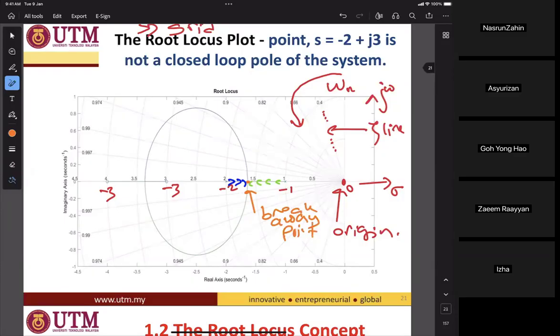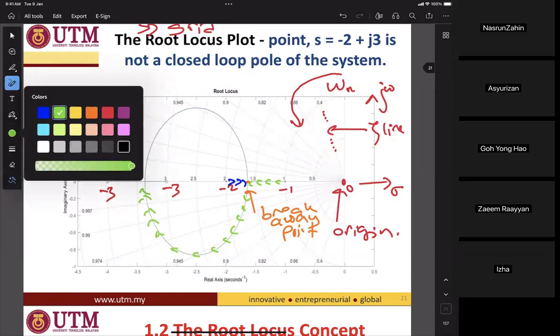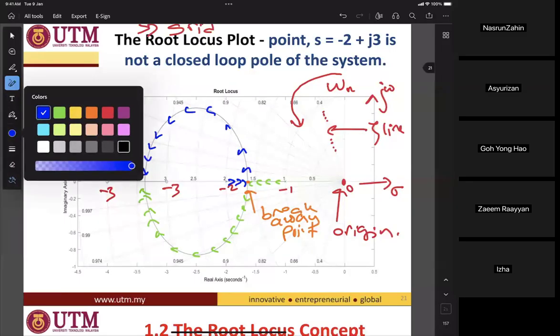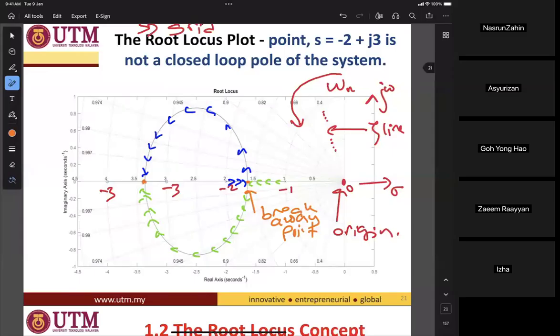So the green line will go down, the path goes down, and the blue line will go up. And both of them will meet again here.